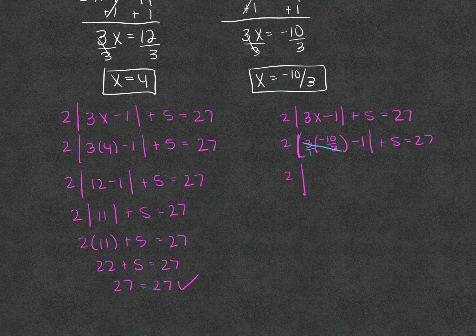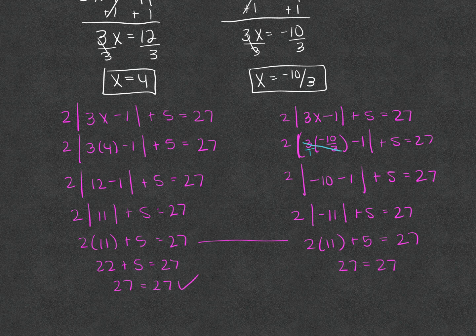So this is negative 10 minus 1. So negative 11. And then the absolute value of negative 11 is just 11. And now it's looking like the other one, right? It's the same thing we had right here. So we know that that is true.